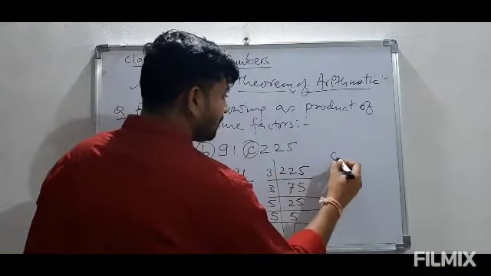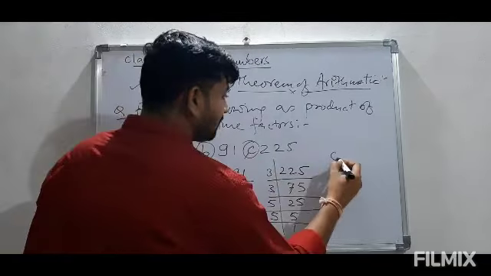This is how we use this fundamental theorem of arithmetic to express any composite number in the form of their prime factors. So this is the basic idea of this fundamental theorem of arithmetic. So this is, we can say, the first application of this. Now by using this method, the prime factorization method, you are aware of calculating HCF.